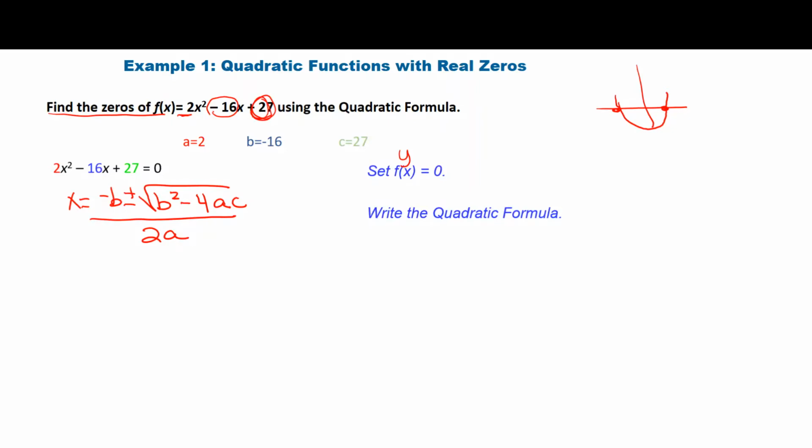So now, once we've written the quadratic formula out, we're going to substitute for each of our letters. So here we say x equals negative b.